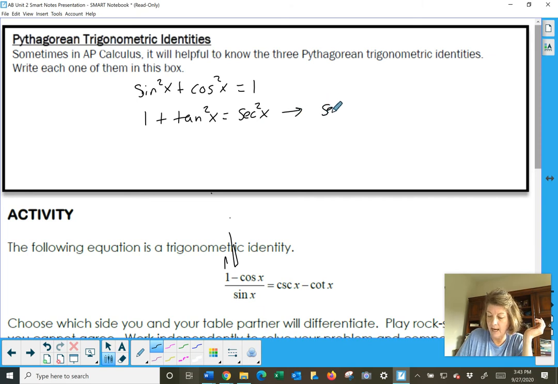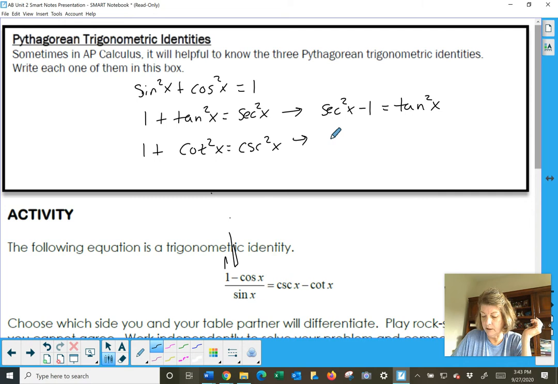Also true, secant squared x minus 1 equals tangent squared x. And then 1 plus cotangent squared x equals cosecant squared x. Likewise, we could say cosecant squared x minus 1 equals cotangent squared x. So some alternate ones there.